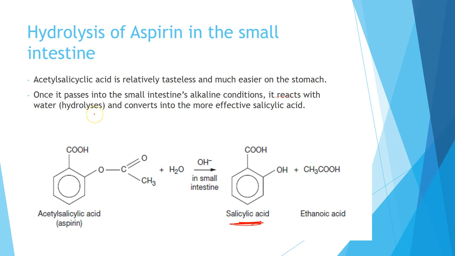But once it passes through the stomach into the small intestine, the ester is hydrolyzed using a base hydrolysis because the small intestine is slightly basic, and the water present in our cells hydrolyzes it to salicylic acid and ethanoic acid. This is processed by our body, and then this is absorbed into the blood plasma and carried towards the site of the pain.